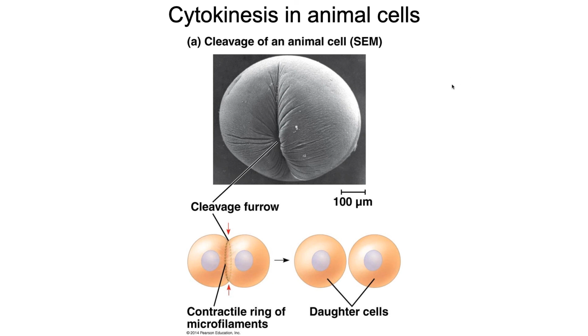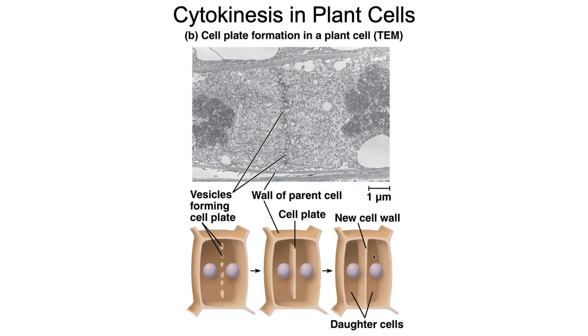Now, in animal cells that lack a cell wall, cytokinesis involves something called a contractile ring of actin microfilaments that contract to form this cleavage furrow and eventually pinch all the way off to form the two daughter cells. In plant cells that have the cell wall, a cleavage furrow is impossible.